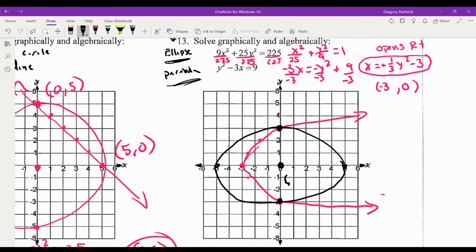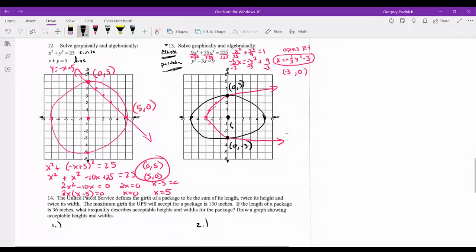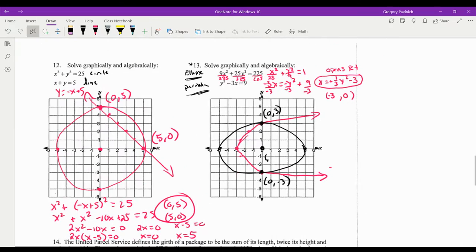And so my solution looks like 0, 3, and 0, negative 3. And I'm going to trust that you'd be able to do that algebraically, because we've already done 2 of those. So you would just plug in what did we solve for, x?